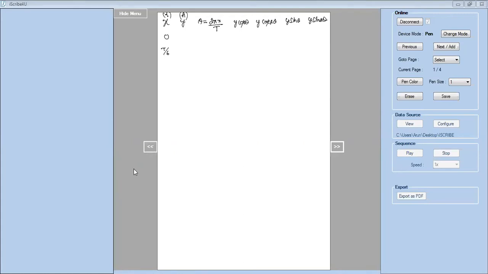I mean x means t here. Then t by 3, then t by 2, then 2t by 3, 5t by 6, and then t. And corresponding y values are 9, 18.2, 24.4, then 27.8, 27.5, 22, and then 9.